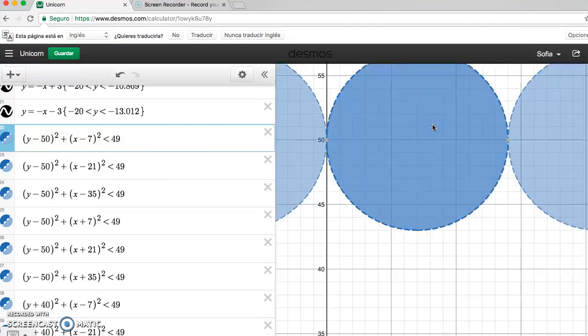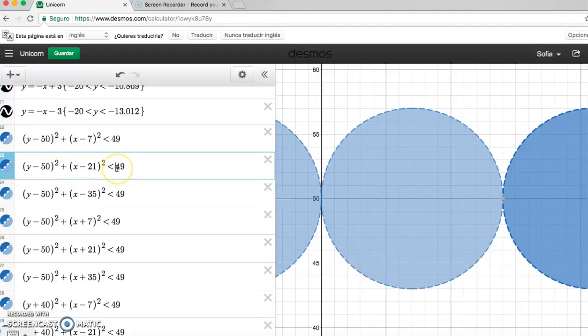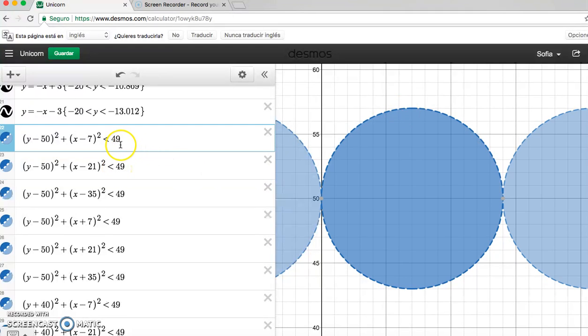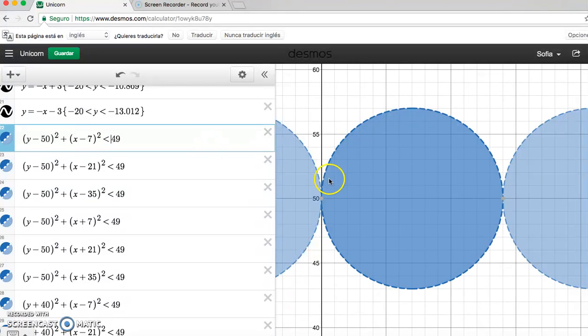But here you see that it's greater than 49 because I wanted it to be colored in. If we take that out and put an equal sign, it's not going to be colored in. But for this purpose, I'm going to have it like that.